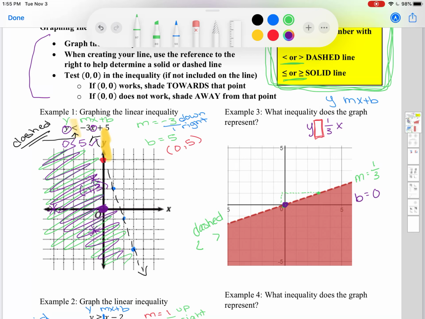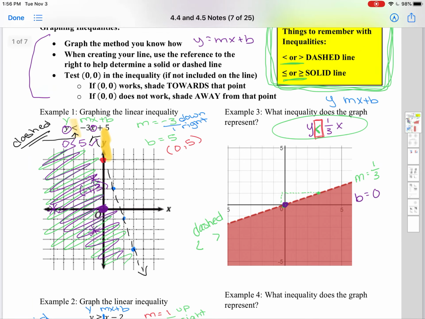Once we know which one we're working with, we have to look at the shaded area. Is it everything above that line, everything greater than the line? Or is it everything below the line and everything less than? If you take a look at the shaded area, you will see it's everything below. So we want to give ourselves the less than symbol. And we have our inequality. That's all we needed.